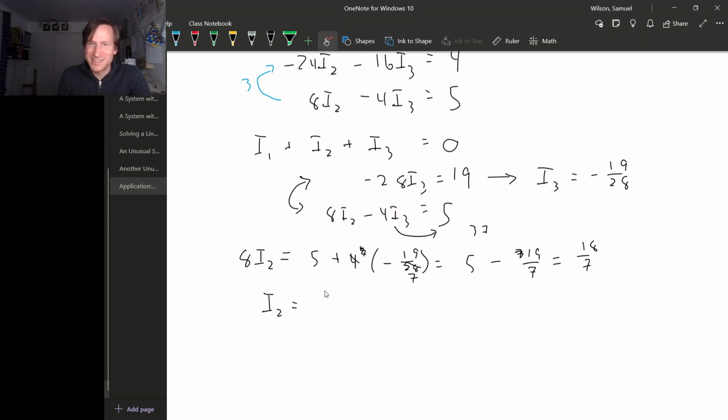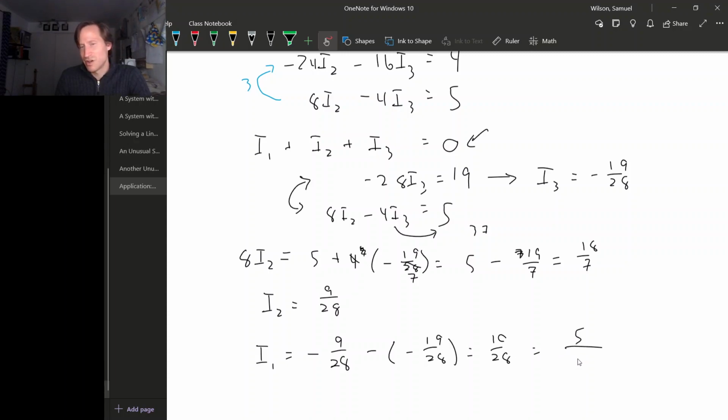So I2 is, let's see, get rid of a factor of 2. So 9 over 28. Okay, and then I1 is, right, this first equation says I1 is just minus I2 minus I3. So minus 9 over 28 minus I3. I3 is minus 19 over 28. So we get 10 over 28, which is 5 over 14.